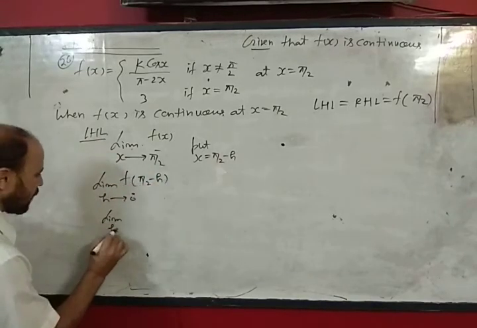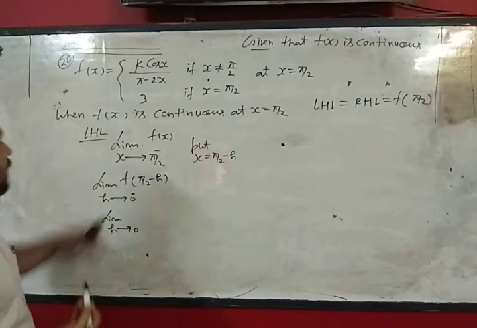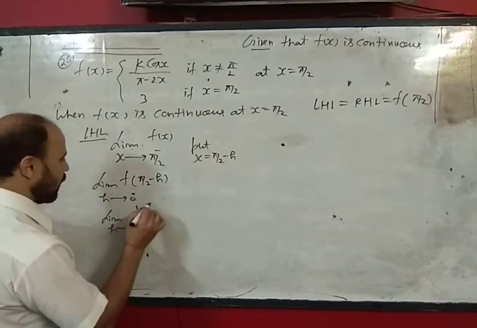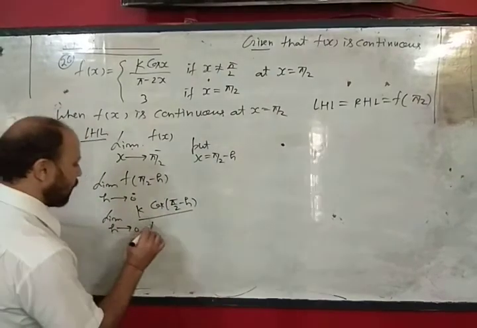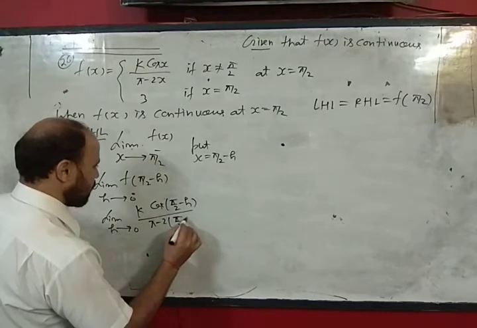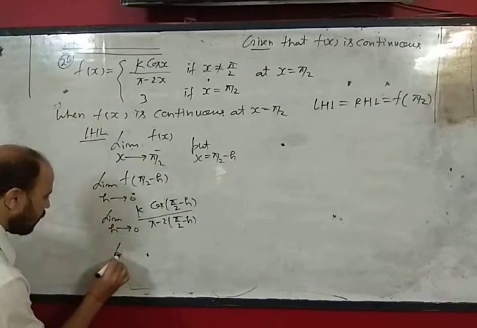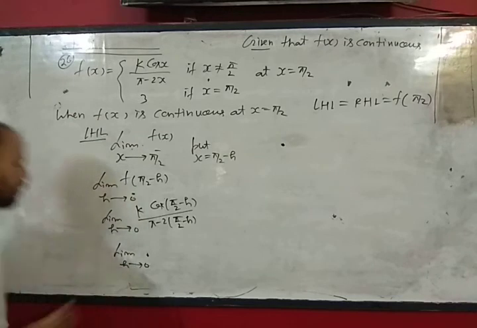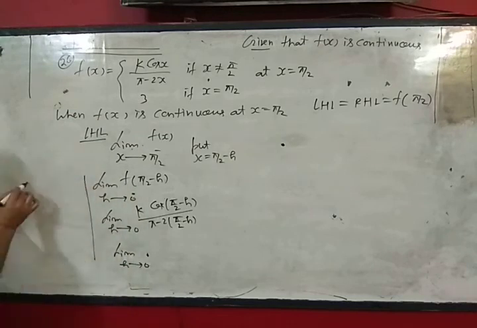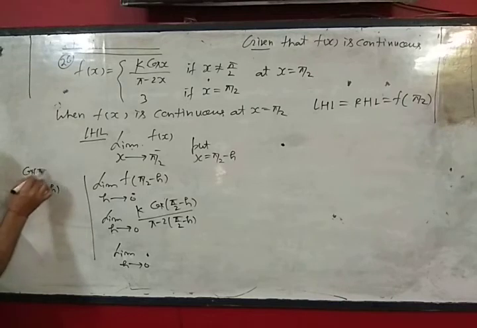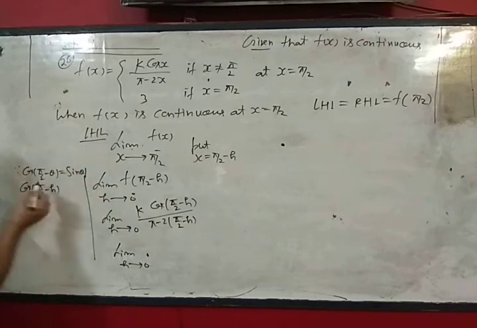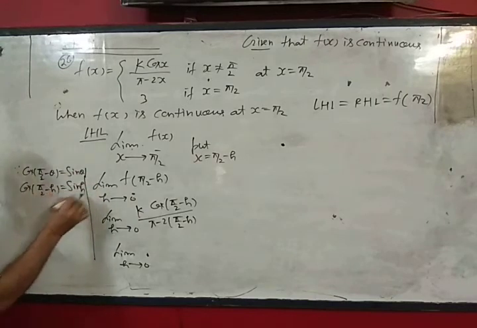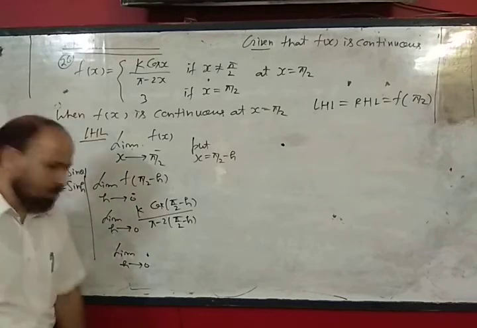So limit h tends to 0, at the place of x, k cos(pi by 2 minus h) upon pi minus 2 times (pi by 2 minus h). Cos(pi by 2 minus theta) is equal to sin theta, so cos(pi by 2 minus h) is equal to sin h.